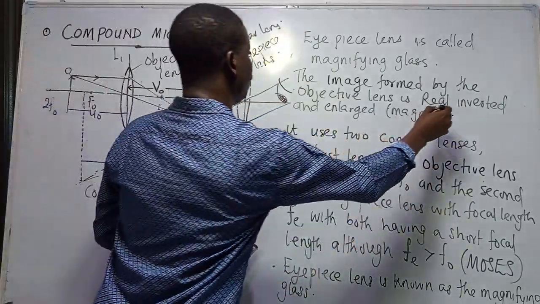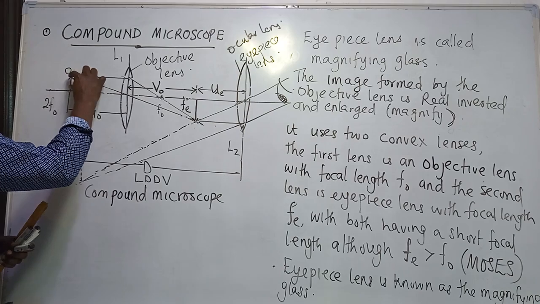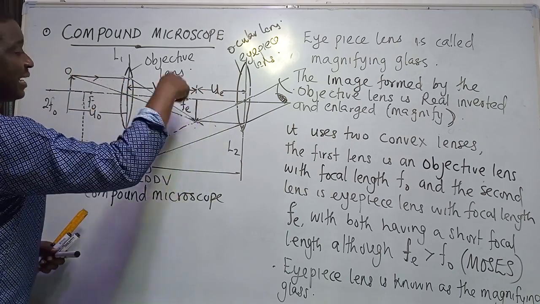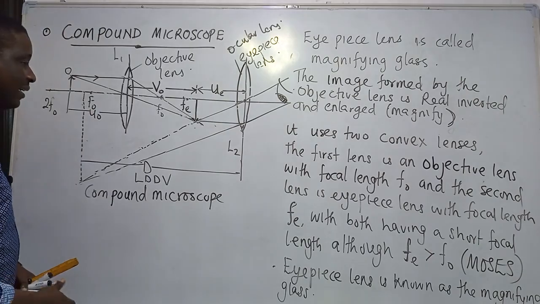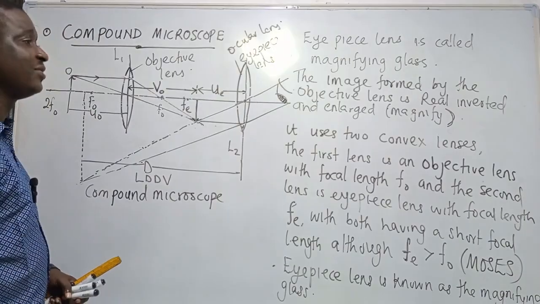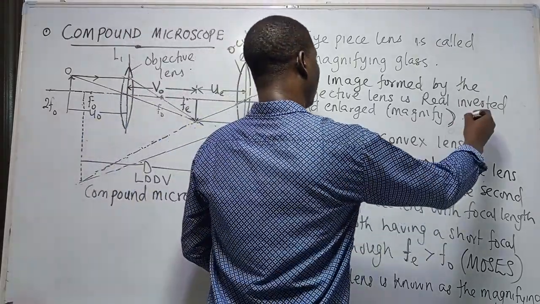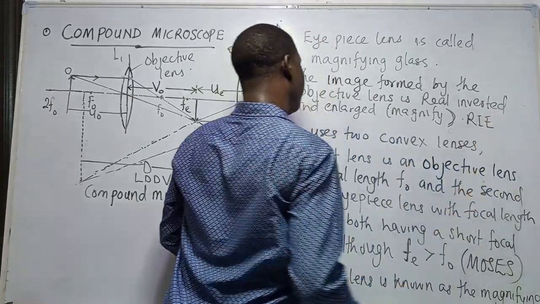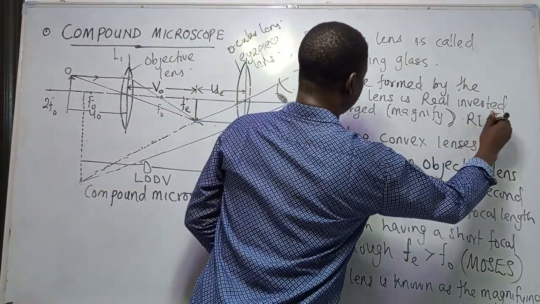The image produced by an objective lens, that means the image of this object, is real, inverted, and enlarged. So the shortcut can be RIE or RIM, as the case may be, anyone.